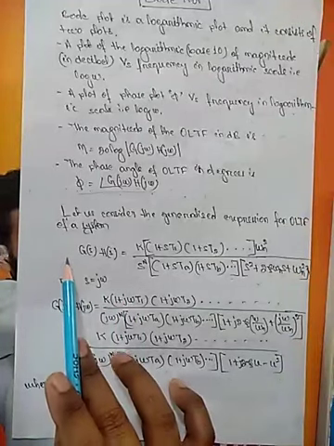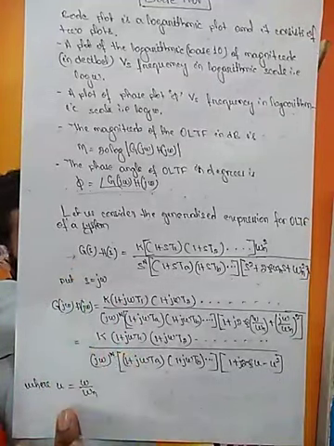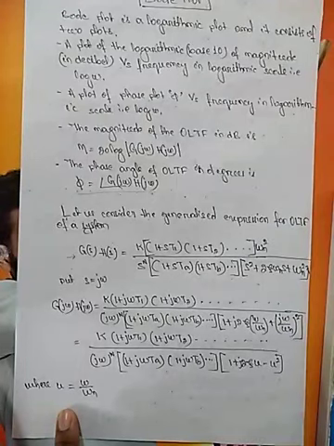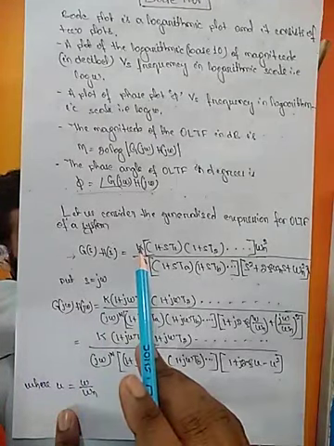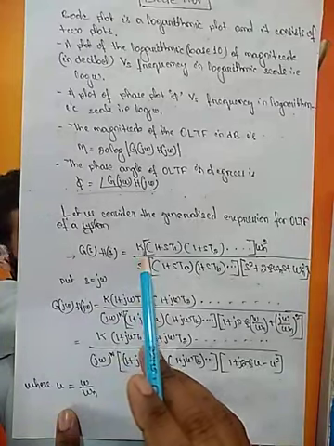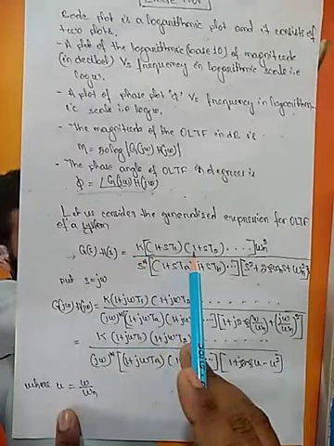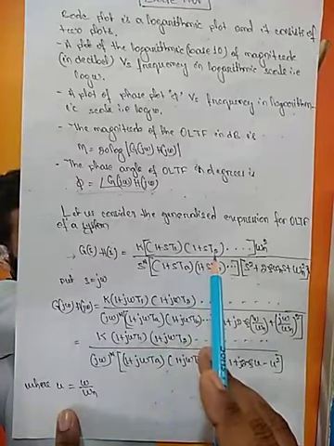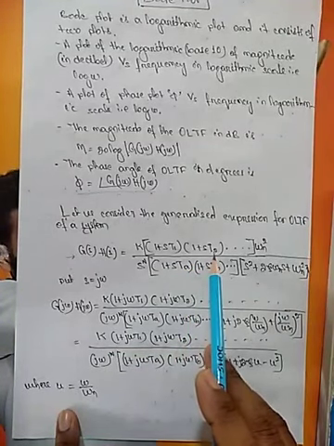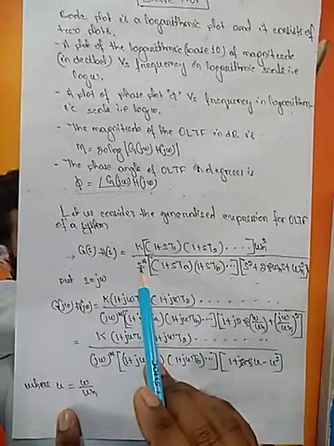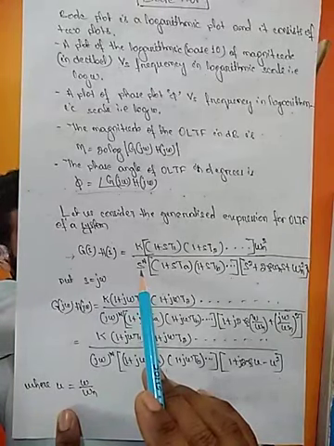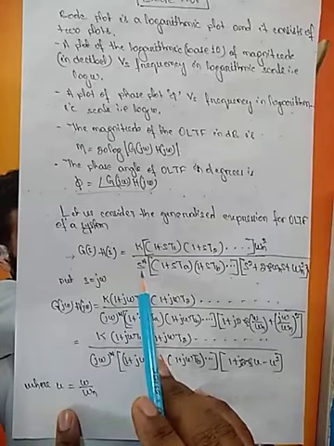So let us consider an open loop transfer function. This equation is the generalized form of open loop transfer function. Here K is the gain, 1 plus sT1 and 1 plus sT2, these are the simple zeros. S to the power n is the presence of pole at the origin.